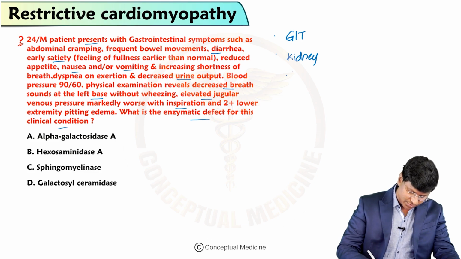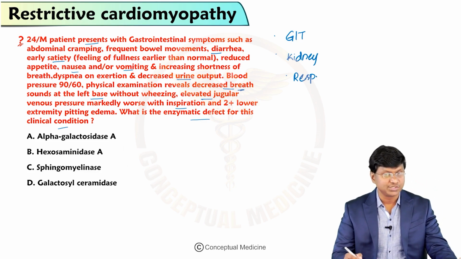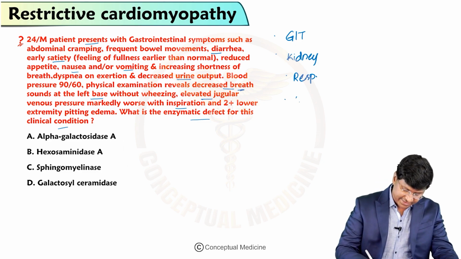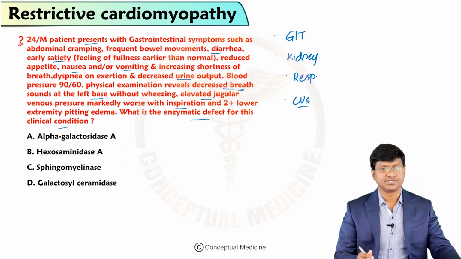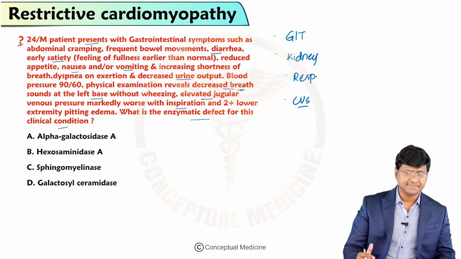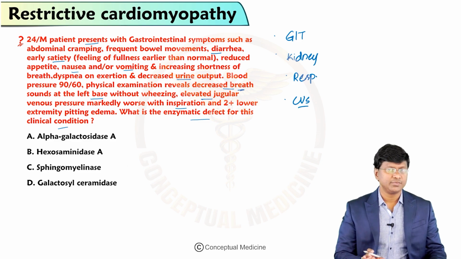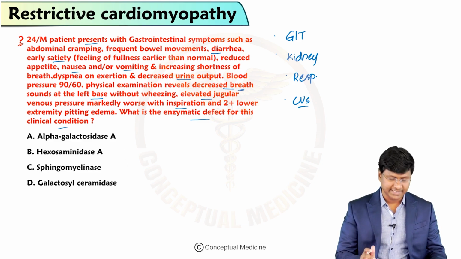And there is also involvement of the respiratory system, right? That is by decreased breath sounds at the left base without wheezing. And there is also dyspnea as well. And there is also involvement of the cardiovascular system, that is elevated JVP and lower extremity pitting edema. So it is the disorder with multiple system involvement.